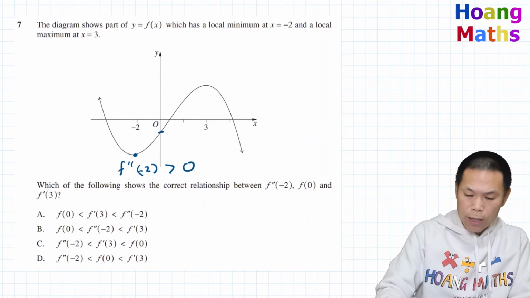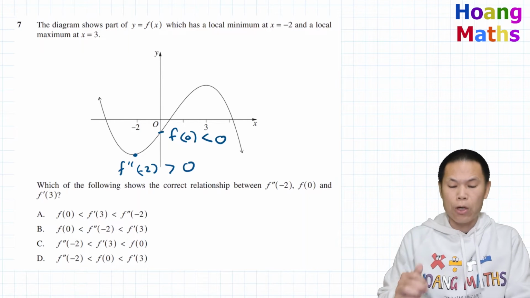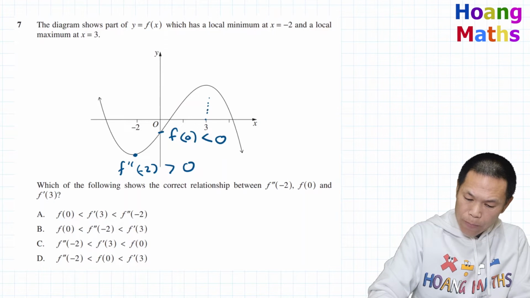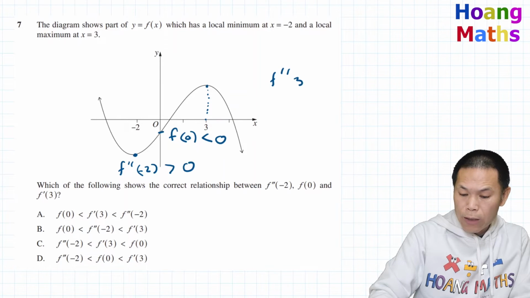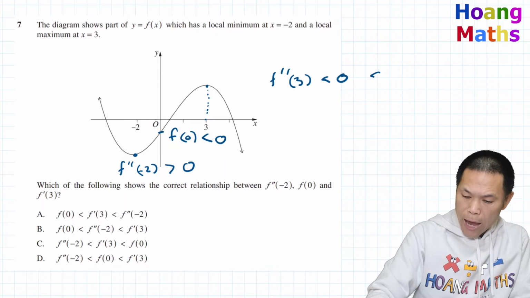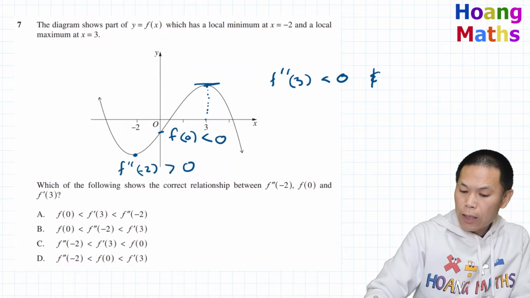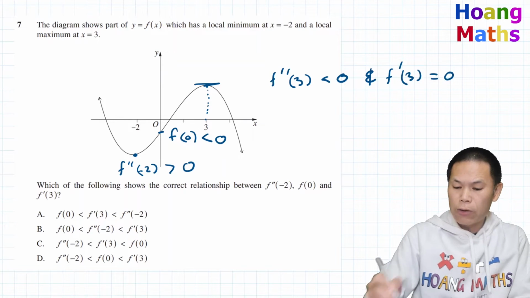In other words, f of 0 is less than 0 because it's below the x-axis. And at 3, this one here, that means f double dash of 3 is less than 0. And we know that the gradient here, f dash of 3, is equal to 0.